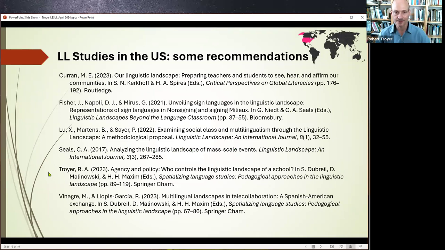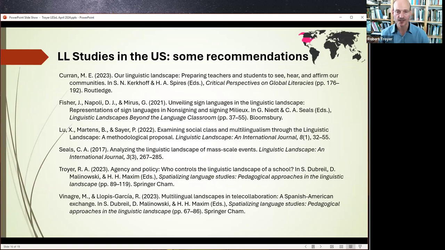I will kind of self-servingly promote one of my articles. This is a schoolscape study in Spatializing Language Studies, which just came out last year, edited by Dobrel, Malinowski, and Maxim. In here I'm looking at agency and policy. What determines the linguistic landscape in a school? Who has the control? Is it the students who have multiple languages?